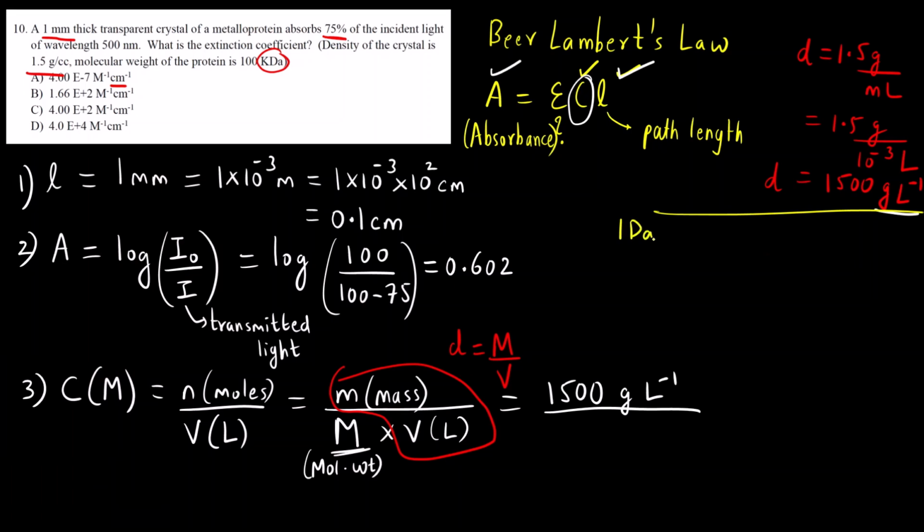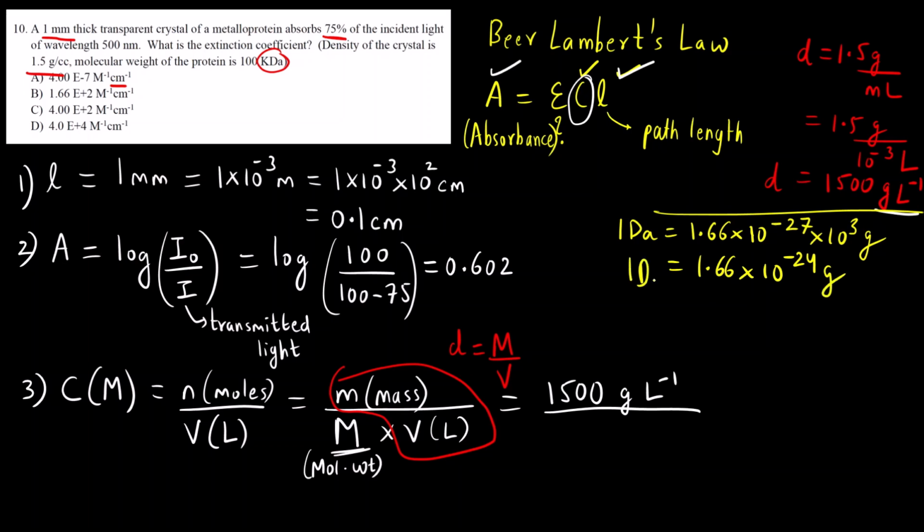Okay, 1 dalton is equal to 1.66 into 10 raised to minus 27 kilogram. 1 kilogram is 10 raised to 3 grams. So minus 27 plus 3, that will be 1.66 into 10 raised to minus 24 grams.